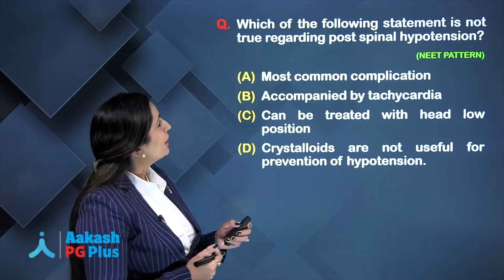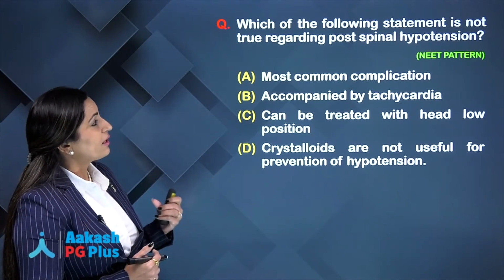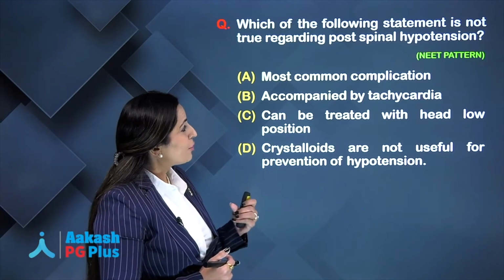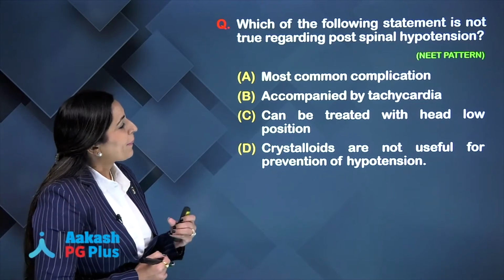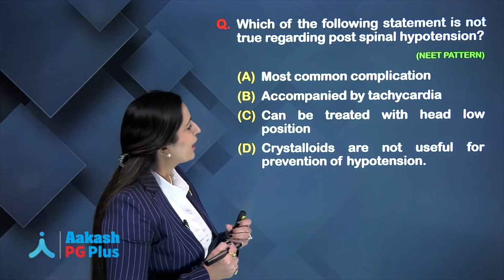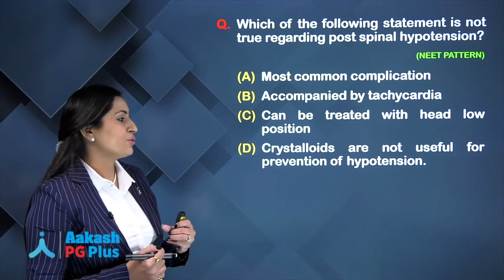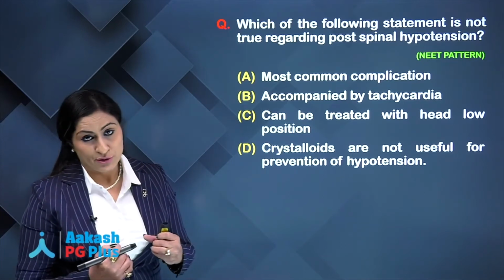Moving on, which of the following statements is not true regarding post-spinal hypotension? Most common complication, accompanied by tachycardia, can be treated with head low position. Crystalloids are not useful for prevention of hypotension.